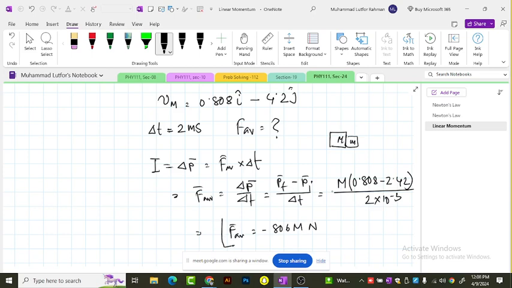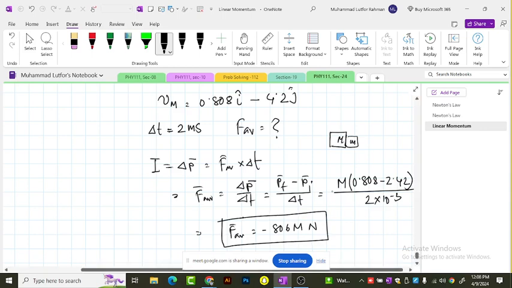M is for the mass of the block, because I do not know the mass. If I know the mass, then I can find the average force acting on it. And this minus sign is telling you the force would be in the negative direction. This is the force provided by the smaller mass at the collision moment. This is the average force. All right.